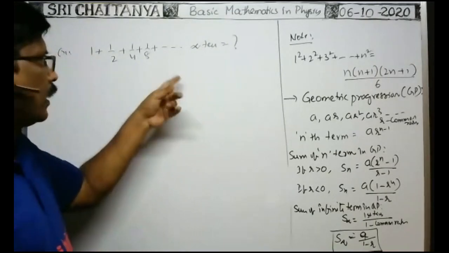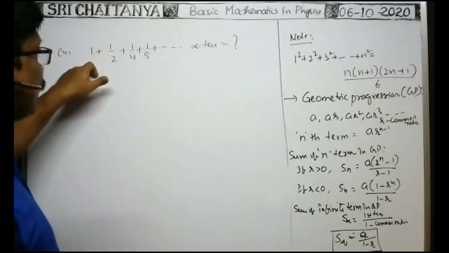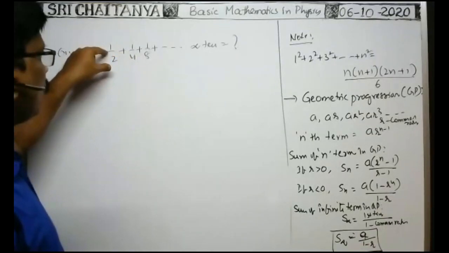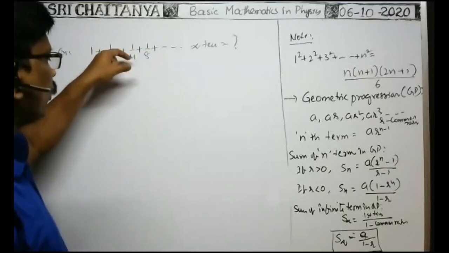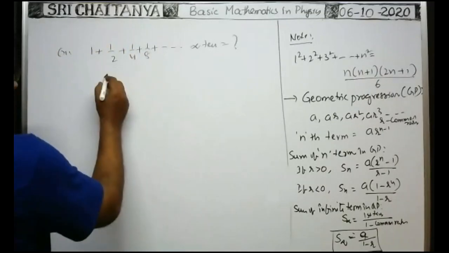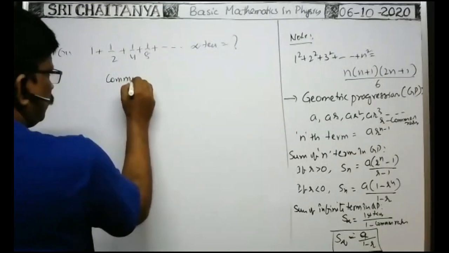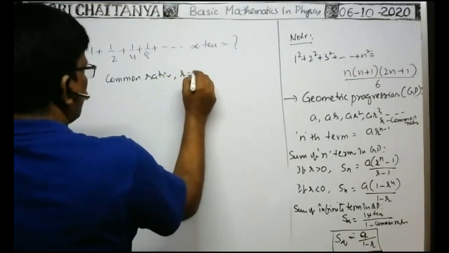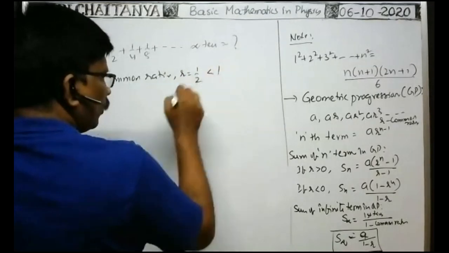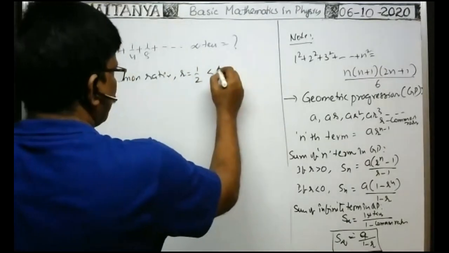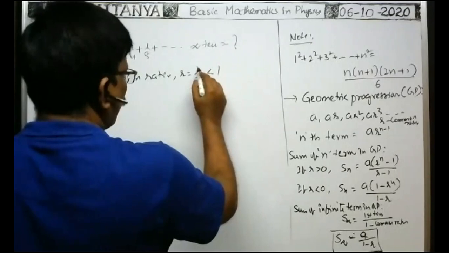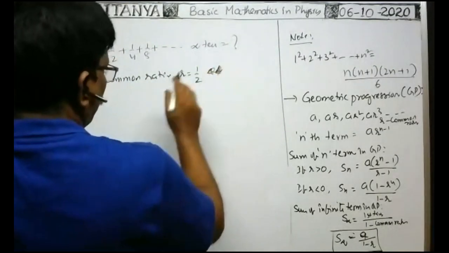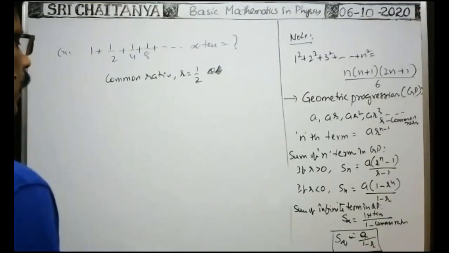GP, because the ratio between the adjacent terms is the same: 1 by 2 by 1 is 1 by 2, 1 by 4 by 1 by 2 is 1 by 2, 1 by 8 by 1 by 4 is 1 by 2. That means common ratio r is equal to 1 by 2, which is less than 1.